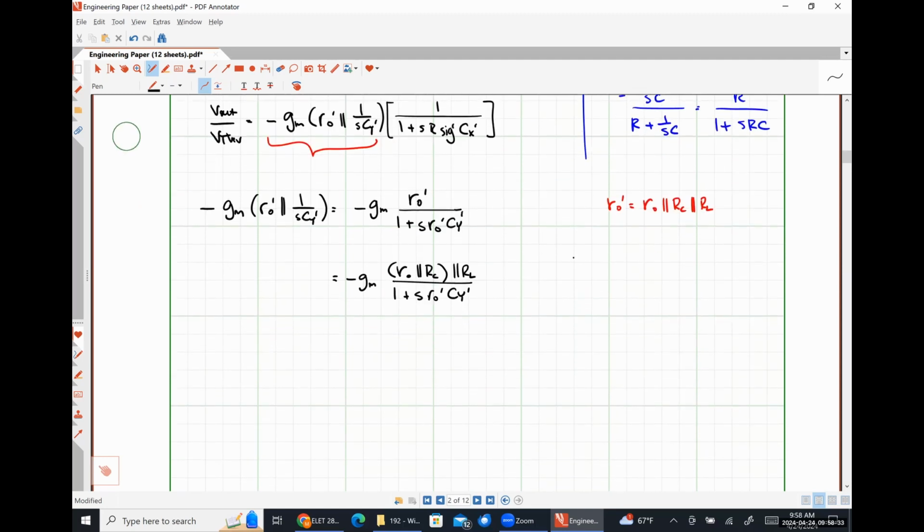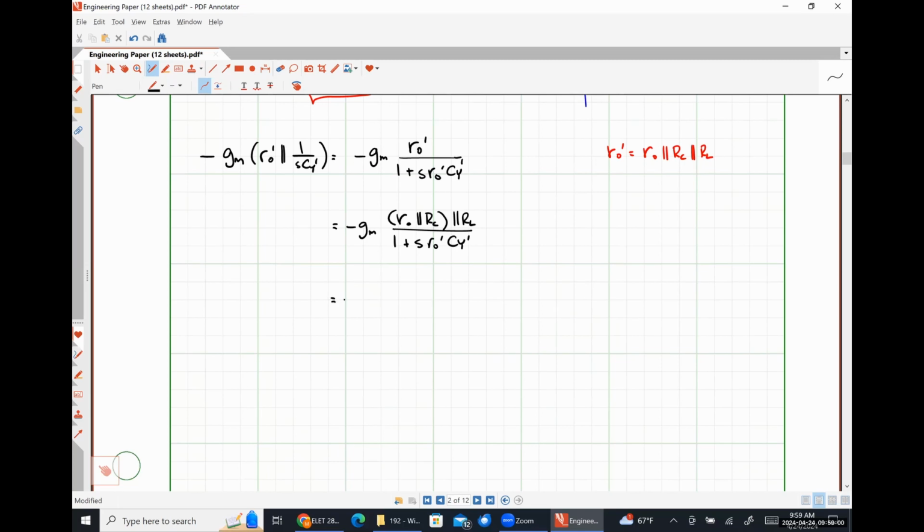Just for the top, not running at the bottom. See, because I'm trying to pull out an R naught in parallel with RC from the numerator for my midband gain. So right now I'm just kind of playing around with things to see how stuff shakes out. I might wind up doing it from the bottom, but I probably won't.